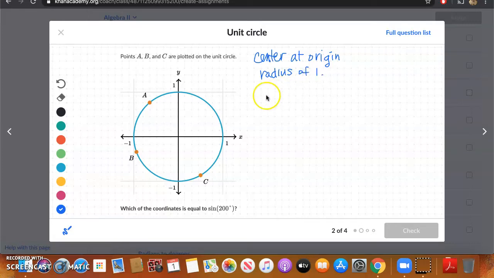So basically, the center of this circle is right at the origin, and if you take any radius from the center to the circle, it's going to be 1.